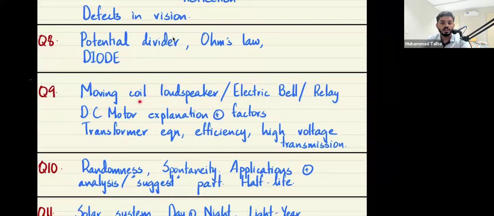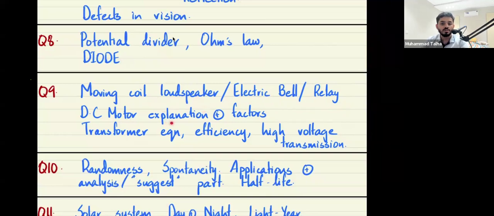Question number 9, I feel it could be one of these, most probably this one or this one, as an application of electromagnets. So how a moving coil loudspeaker works, what's the idea of the EMF with it, how it produces sound, compressions, and rarefactions. There was a very similar question to this in a past paper that was in my worksheet on sound.